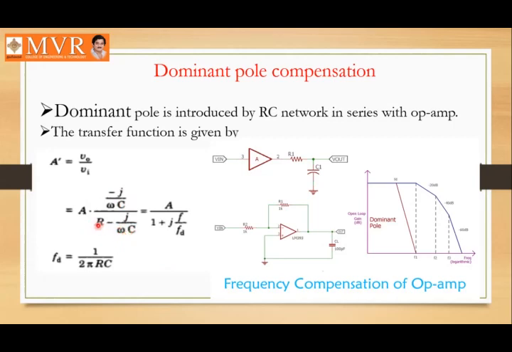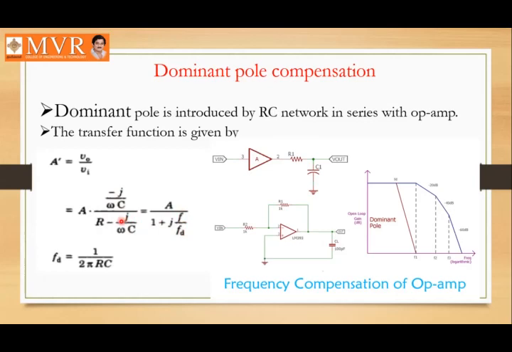So j omega RC minus 1 divided by j omega c. This j omega c and this j omega c cancel each other, and this minus and this minus, we multiply the equation with the negative, and then it becomes positive. So A divided by 1 plus j into f by ft.